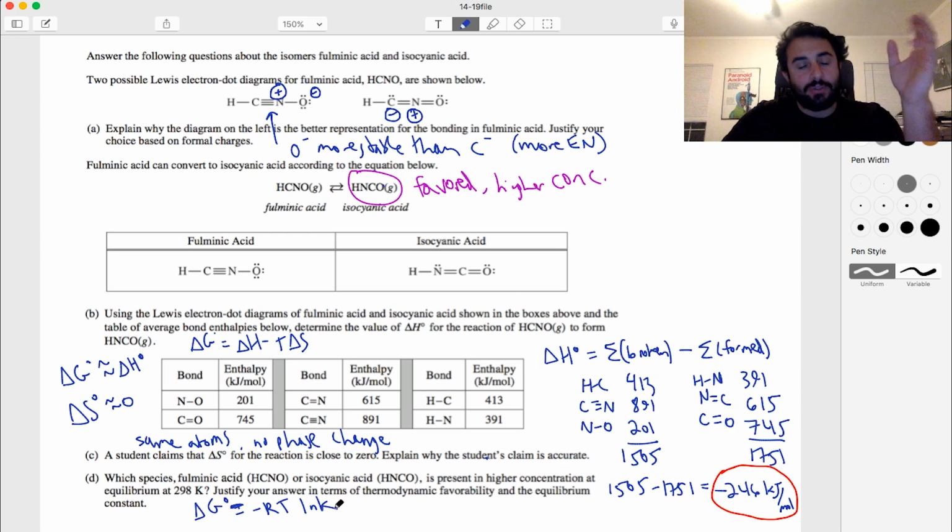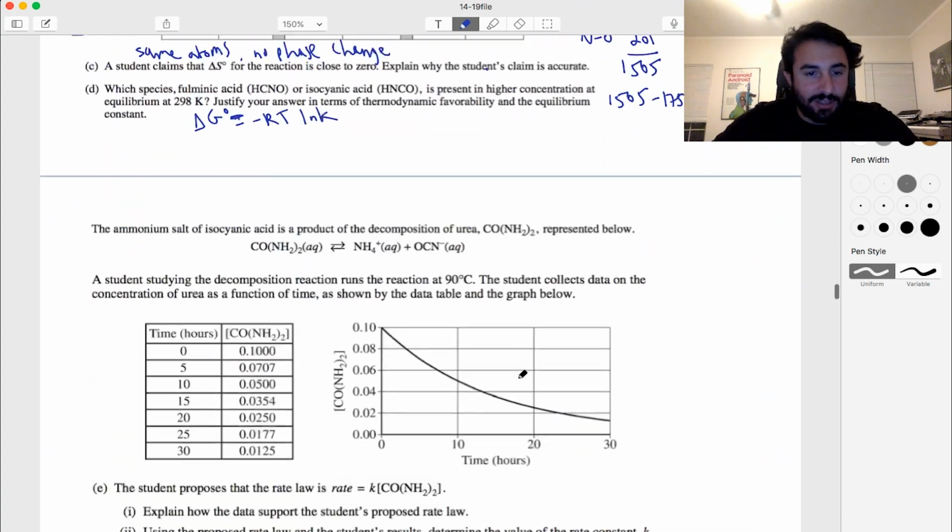Only if the K value is greater than 1 will this produce a negative delta G, and what that means is that products are favored, right? And so if products are favored, the product will be at a higher concentration at equilibrium. So that's a little bit of thermodynamics tucked in there.